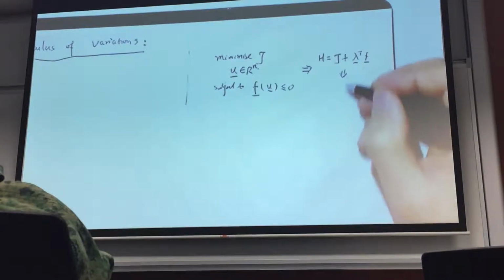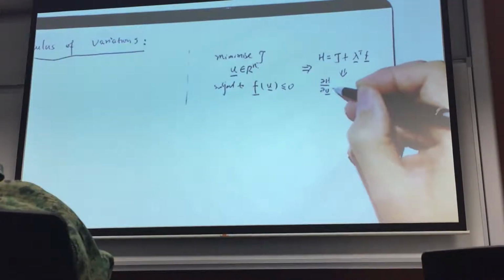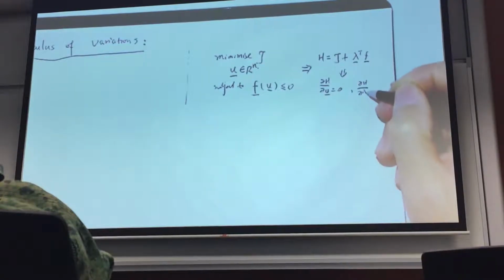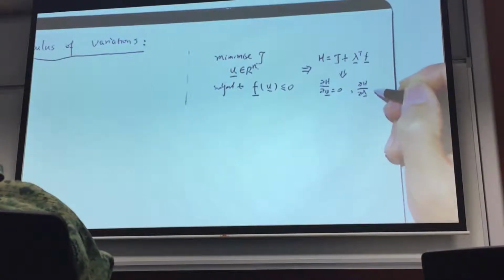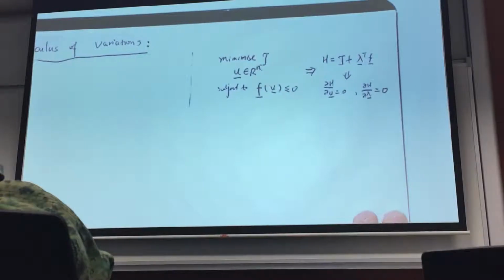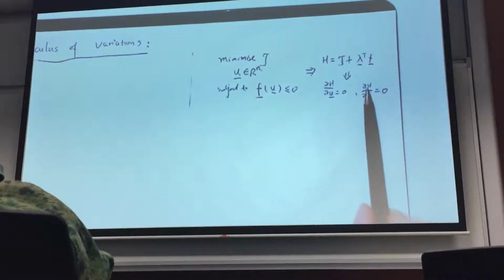From this, we can set dH/du equal to 0, and dH/d lambda equal to 0 for the equality constraint. These have been the techniques that we discussed before.